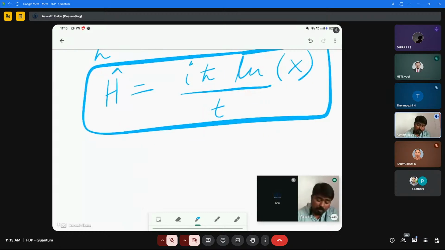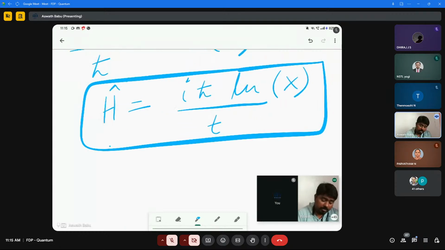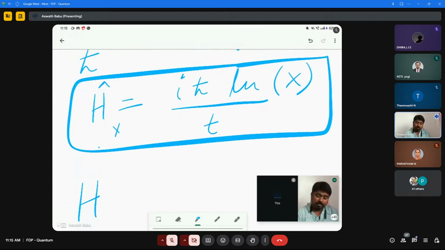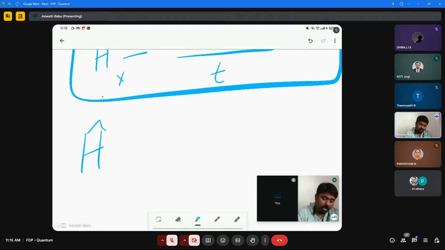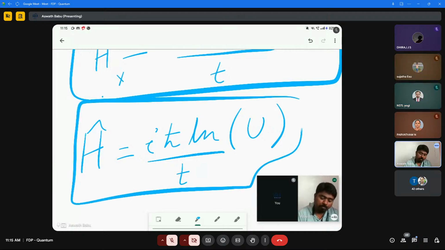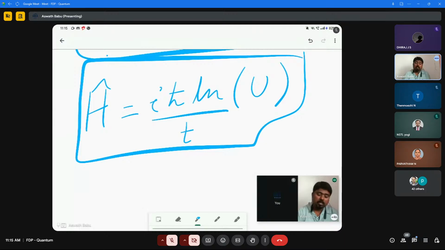You can now generalize the Hamiltonian for any gate. Above I have written it for the X gate; for any gate the Hamiltonian would be i H cross log of the unitary gate divided by time. What time? It's up to you. So this is the Hamiltonian corresponding to any unitary gate, whether it's an X gate, a Y gate, or a Z gate. Just replace U with the corresponding gate.